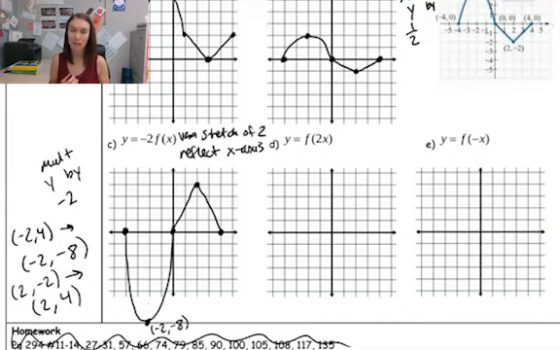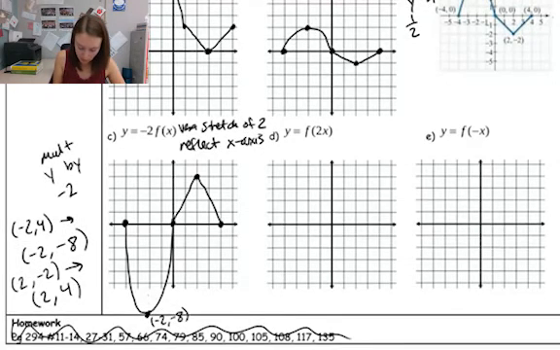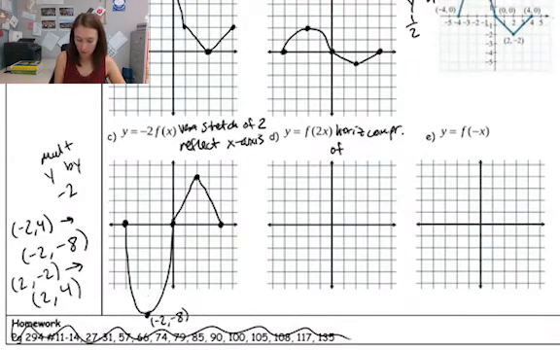All right, now let's talk about the B value. So our horizontal dilations. This one is going to be a horizontal compression. And again, if you just want to say horizontal dilation of 2, that's fine. It's a horizontal compression of, well, gosh, I'm not sure whether or not to say 2 or 1/2.